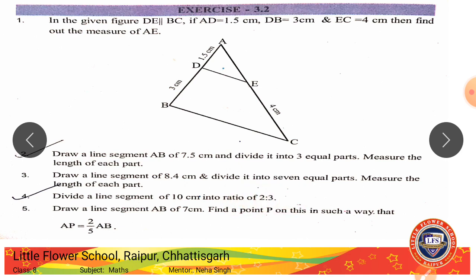So now since it is to be divided into 2:3, how are we going to calculate how many parts we will be dividing into or how many arcs we have to draw? We will add the two given ratios. 2:3 means 2 plus 3, 5 parts we will draw. Since the ratio is given 2:3, we are going to draw 5 arcs. 2 plus 3, that is 5 arcs.